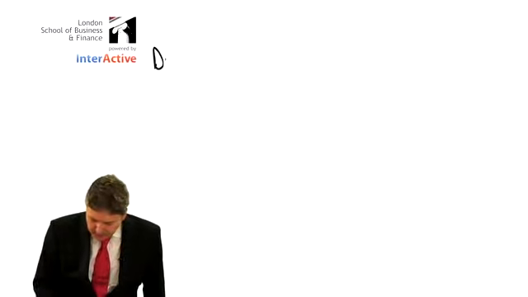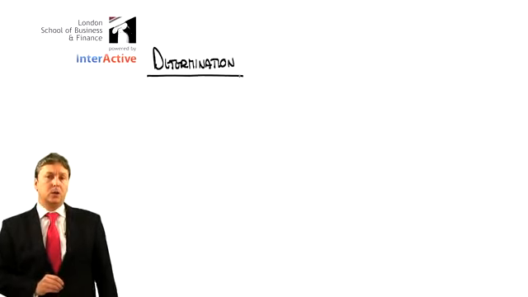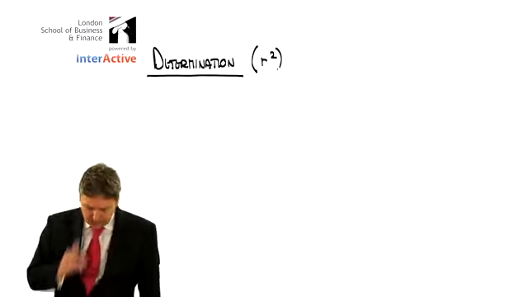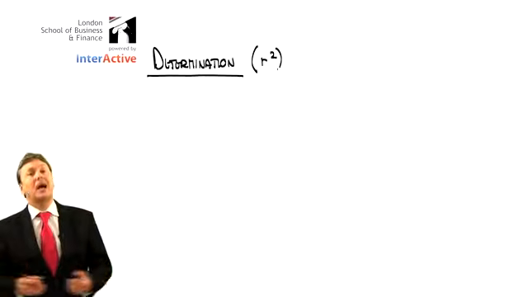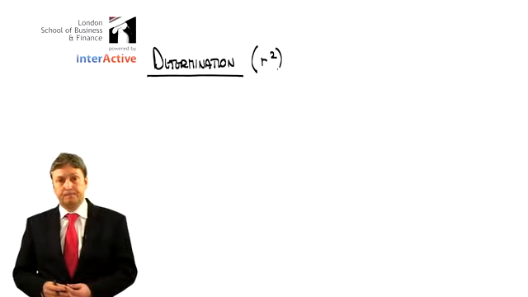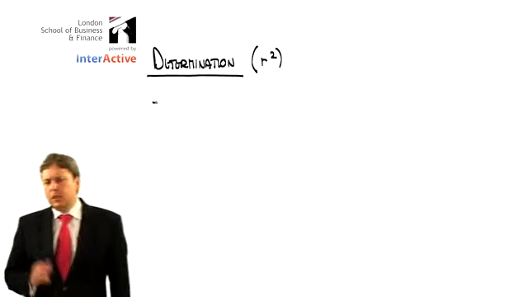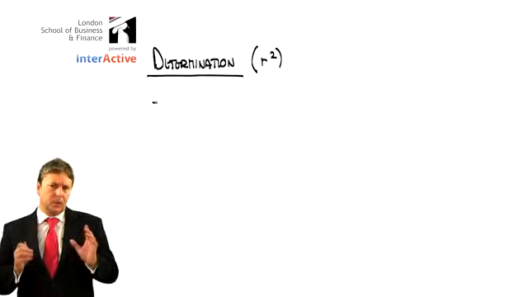The final area that we have to look at with regard to our lines of best fit is determination, or if you wish, the coefficient of determination. Now, the coefficient of determination is where we take the correlation coefficient R and we square it. But what does it mean? Well, the coefficient of determination focuses on this idea.